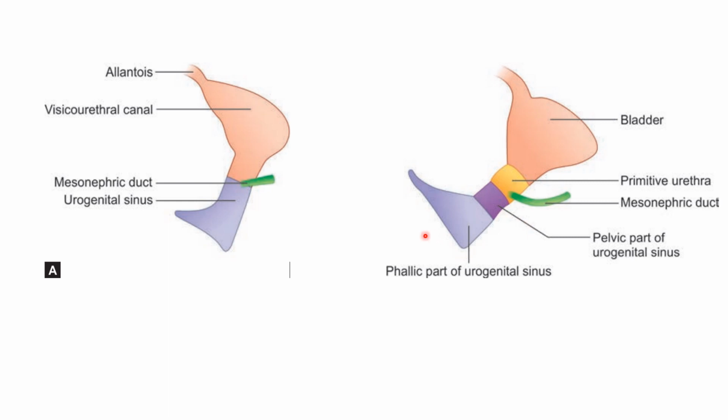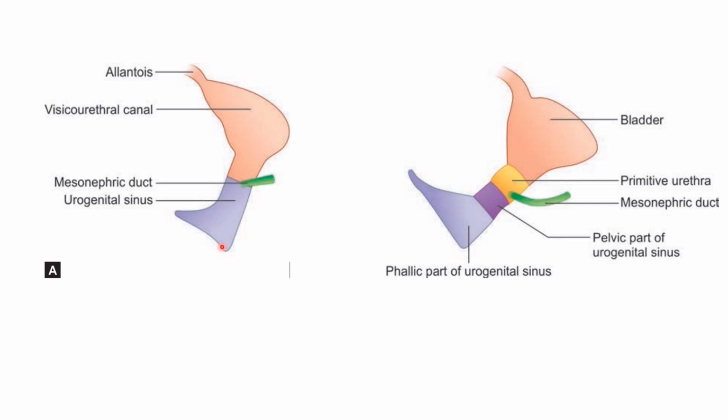After the completion of the development of the urorectal septum, this is the arrangement. The allantoic diverticulum will be continuous with the region known as the vesico-urethral canal, and here will be the area of the urorectal septum, and this will be the anterior or ventral part of the cloacal membrane.